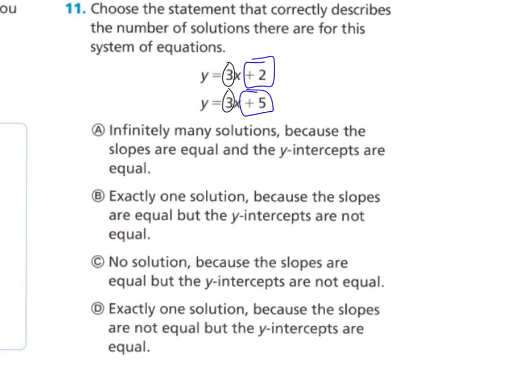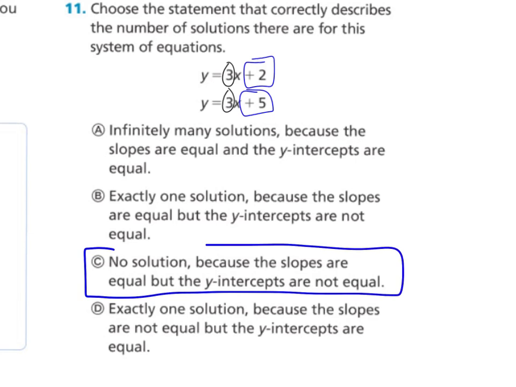And so that means we have no solution. Okay, slopes are the same, y-intercepts are different. Those are going to be parallel lines. Parallel lines, so no solution. So this gives you an idea of how to estimate solutions by inspection.